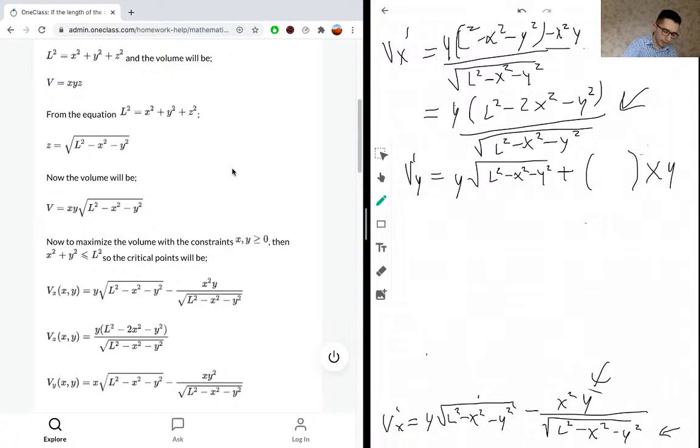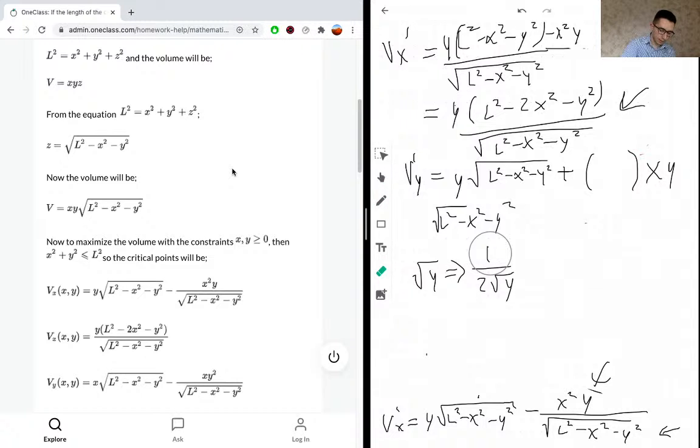So the derivative of square root L squared minus x squared minus y squared. We're trying to find the derivative of that with respect to y. So we know the format that this is, the derivative is 1 over 2 square root y.